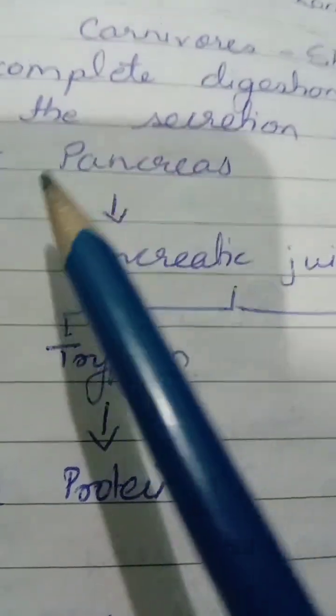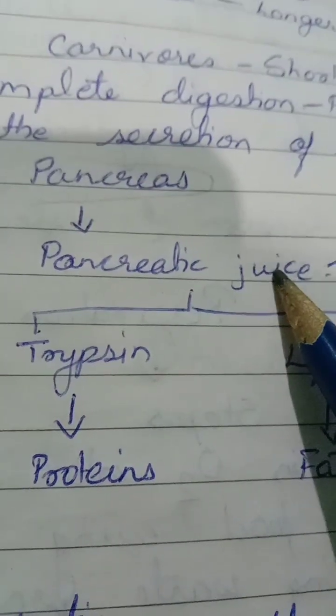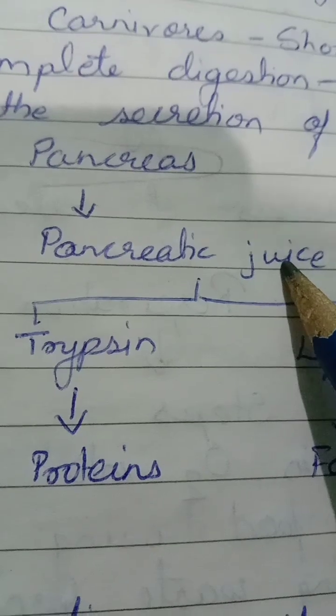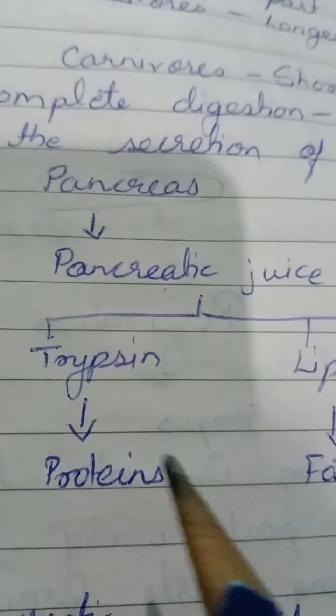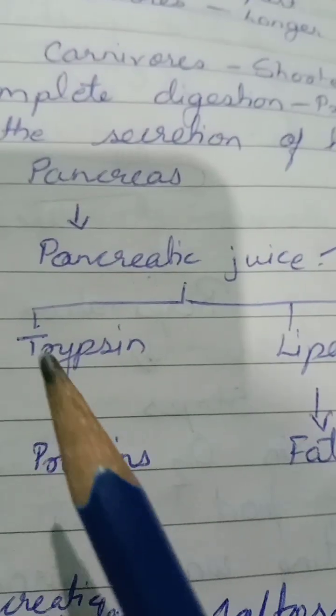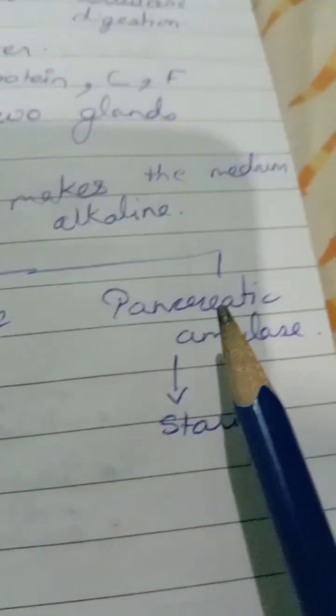Now dear students, from the pancreas, pancreatic juice is entering where? It is going to the duodenum, that is a part of the small intestine. So pancreatic juice consists of three enzymes: trypsin, lipase, and pancreatic amylase.